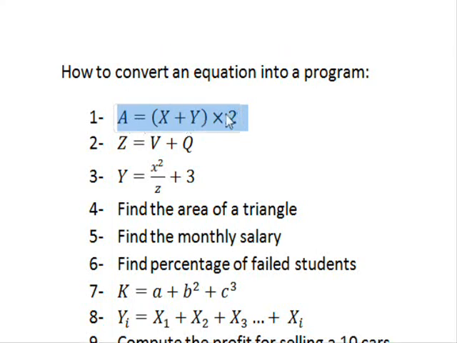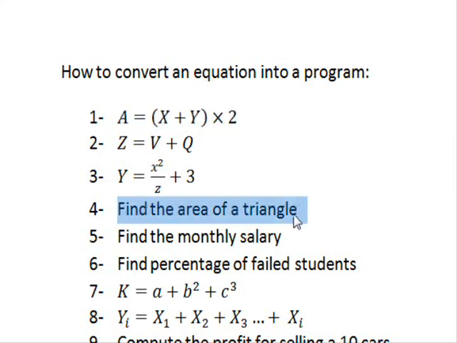Here you are getting an equation which is easy and straightforward to do, but here find the area of a triangle, and in this case what you need to know, the area of triangle is half the base multiplied by the height of that triangle. So basically you need to know how to calculate the area of the triangle.